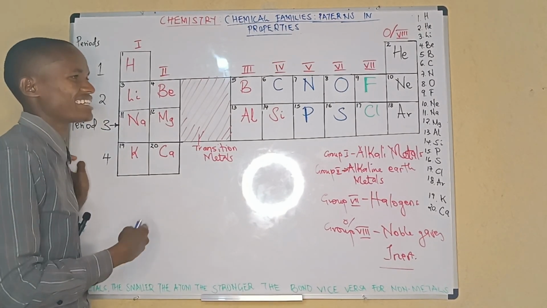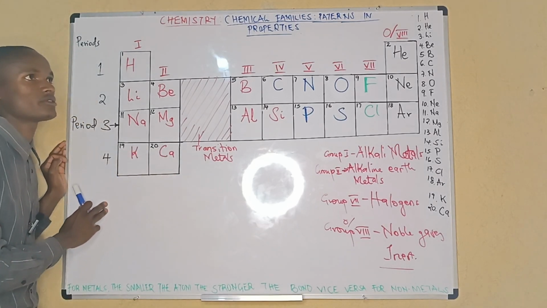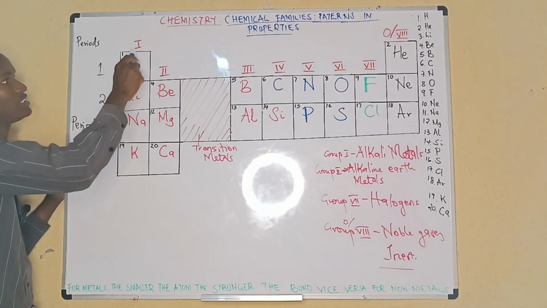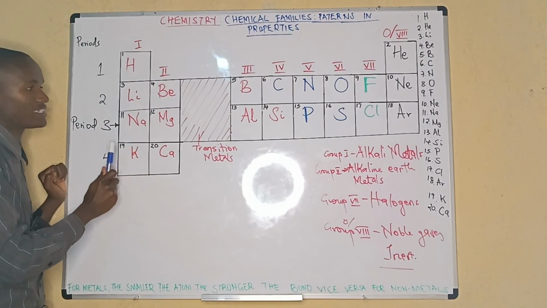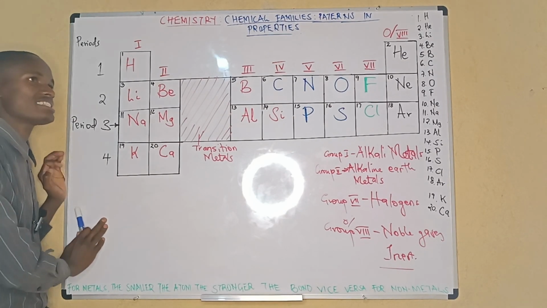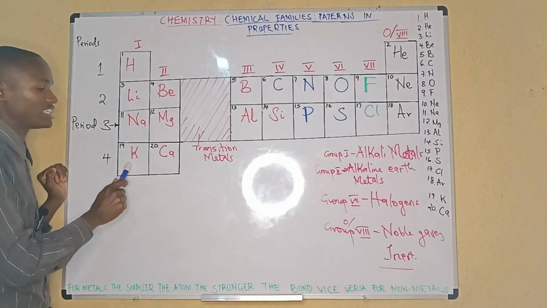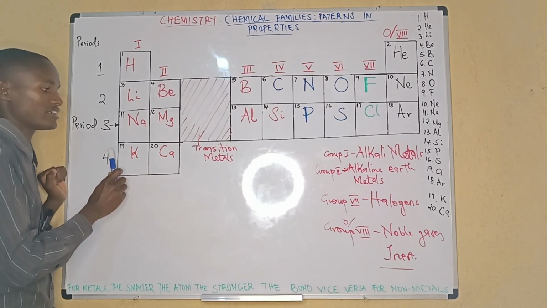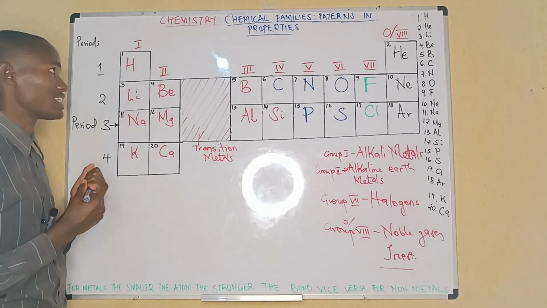Remembering what we had said earlier, we said that a group contains elements. Let me take an example of this: hydrogen, lithium, sodium, potassium. A group contains elements that have the same number of electrons in their outermost energy levels.